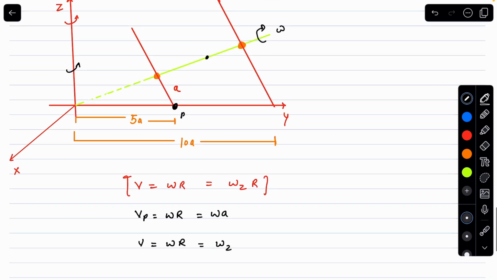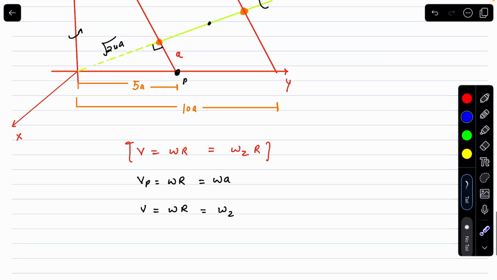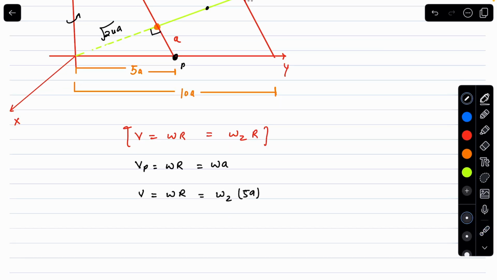Look, they have given that this length is root 24 A, and this is A, and this is a 90-degree angle. So of course this length becomes 5A, just from the calculation, right? So both velocities should be equal. So omega z multiplied by 5A should be equal to omega multiplied by A. A cancels out, so omega z should be omega by 5.